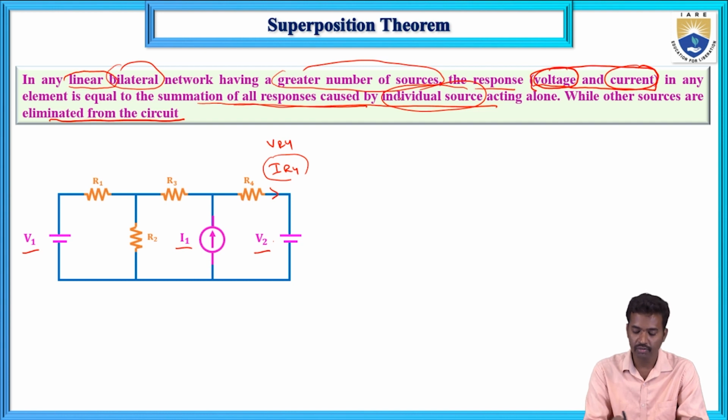In the first line, this network is a linear bilateral network having a greater number of sources.